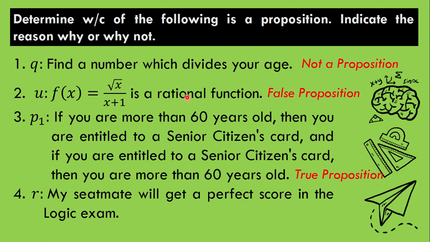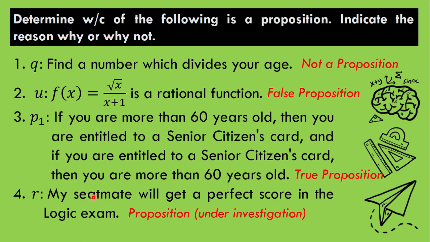Then lastly, number four, my seatmate will get a perfect score in the logic exam. So try to think about this. This one, number four, is a proposition, but it is under investigation. As you can see here, we have my seatmate as our subject, so it's individual, it's singular.